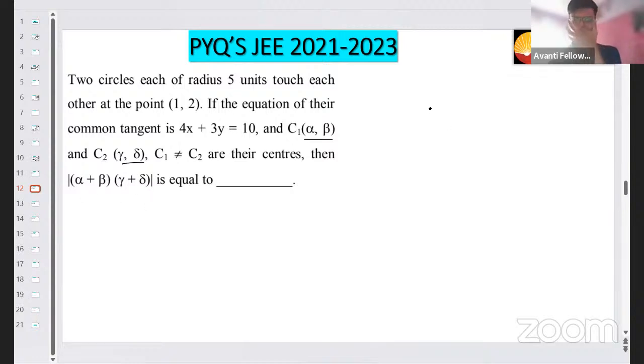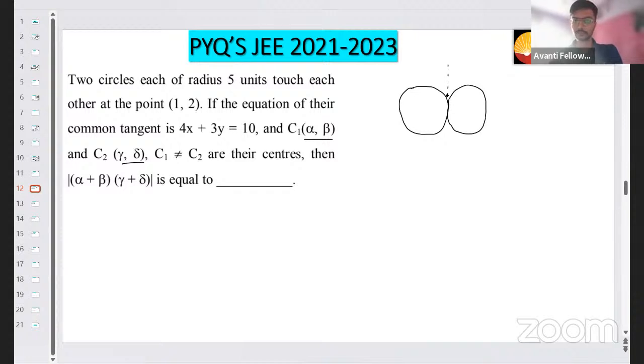Okay, let us draw a diagram. Both the circles have the same radius. So both the circles will be of the same size. So let's say they are of the same size. Now, they touch each other at the point (1, 2), and they give a common tangent.